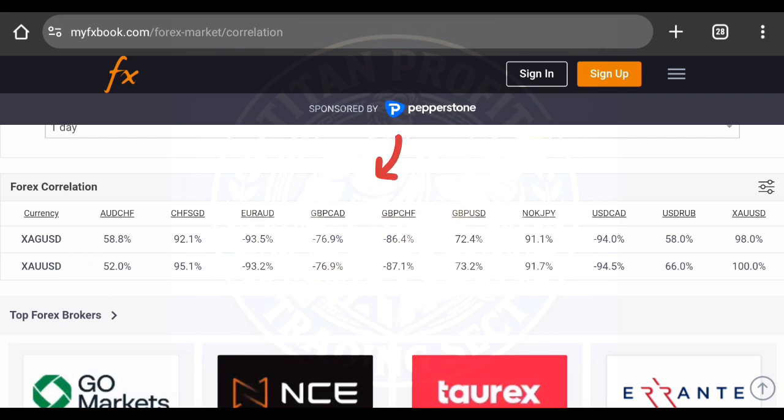As you can see on top, we are matching it with so many currency pairs like AUD, CHF and so many other ones. As you can see, all these are one-day correlation figures for these assets. So the asset with the highest correlation here is the CHF/SGD. It correlates very highly at the rate of 95.1%.